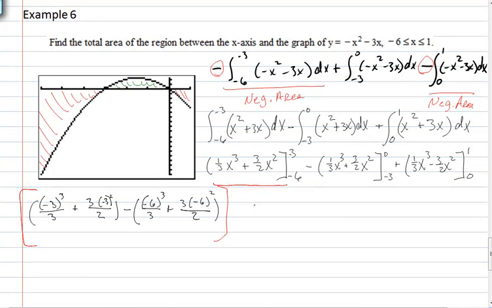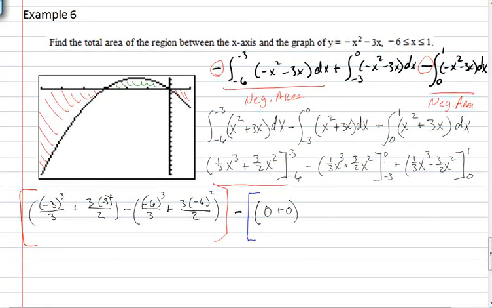And then we have to say minus, I'll do the next one in blue. This is going to be a 0, because we plug in our upper bound. The upper bound is 0, so that's going to give us 0 plus 0. Are y'all okay with that?